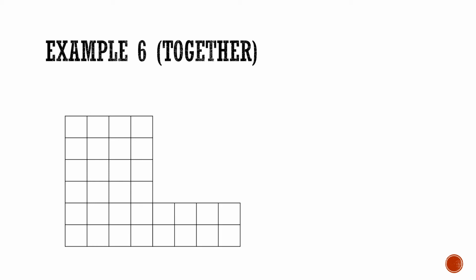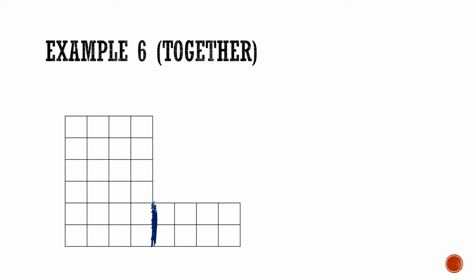All right, now we're going to get really crazy. Here, I have a very oddly shaped grid. This is not an array because we have an uneven number of rows and columns. So how could we find the total in this figure? Well, I'm going to try and chop this into two smaller arrays. So if I draw a line right along here, I could see that I have one array here and another array here.